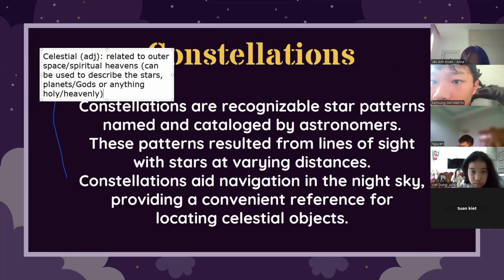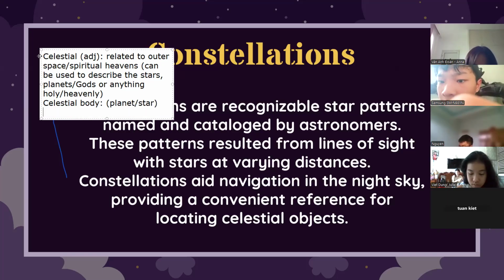For example, if I say celestial body, it means a natural object in space. It could be a star or a planet. If I say celestial sphere, it's an imaginary ball of the sky used to map space. If I say celestial navigation, it's finding direction using the stars and the sun.